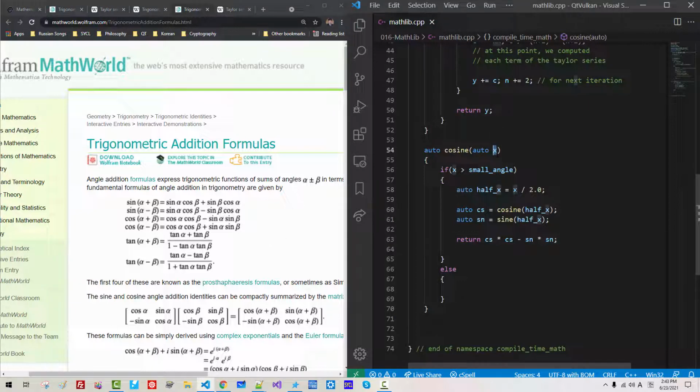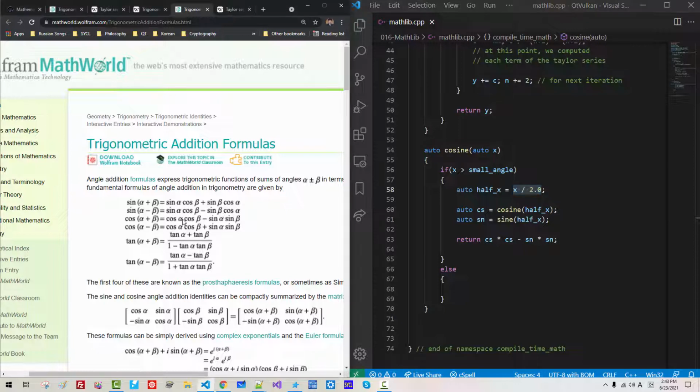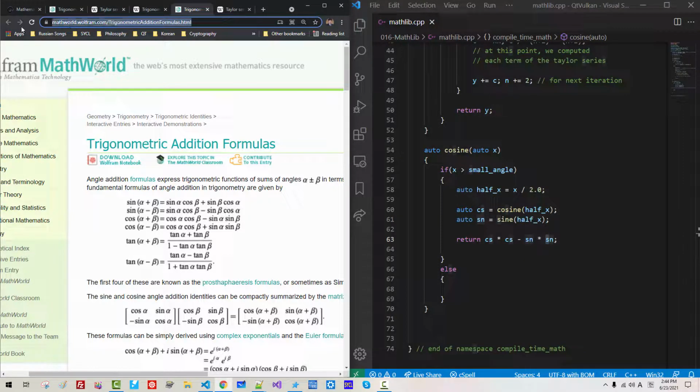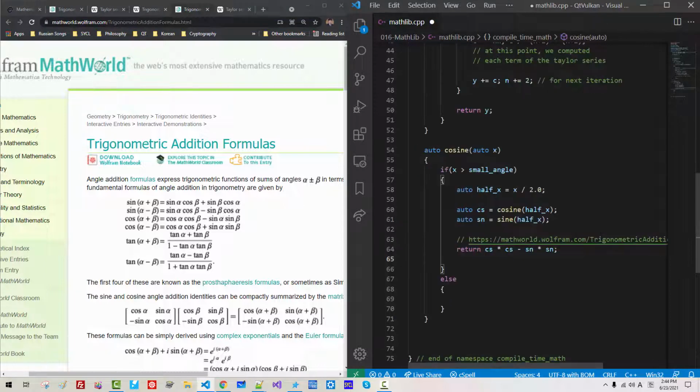We divide x by half. So alpha and beta represent half x. We compute cosine half x and sine half x. Because alpha and beta are the same half x, we compute this value, cosine alpha, this one cosine beta, minus sine alpha sine beta. I will copy this link for your reference.